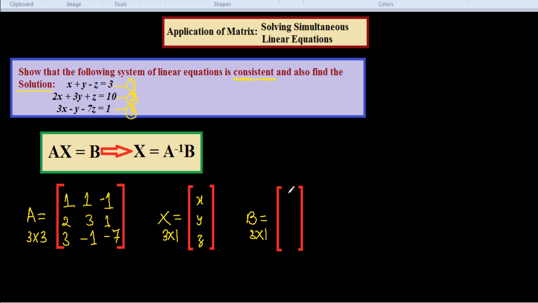This would be the matrix B. So now you have got matrix A, matrix X, and matrix B.